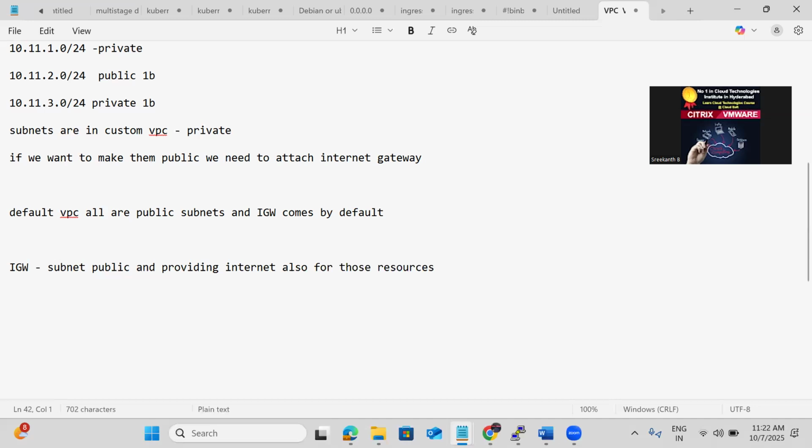Any doubts on this? So what is the role of the internet gateway?